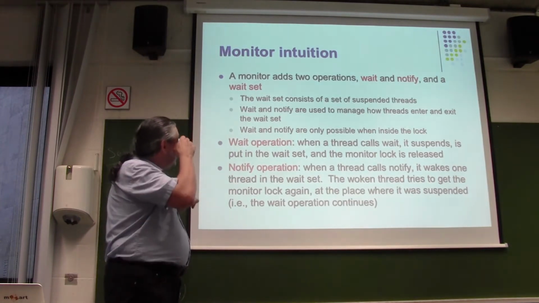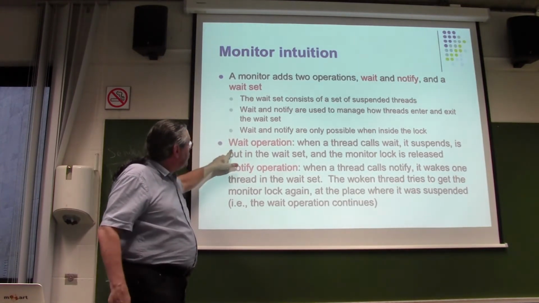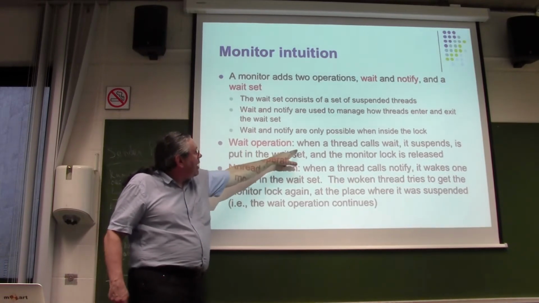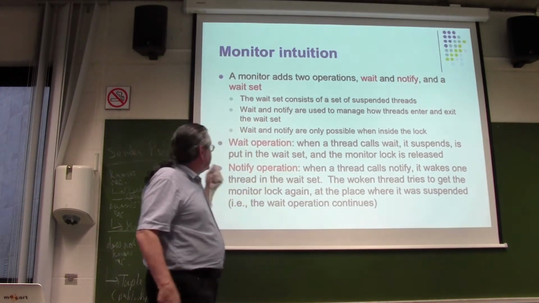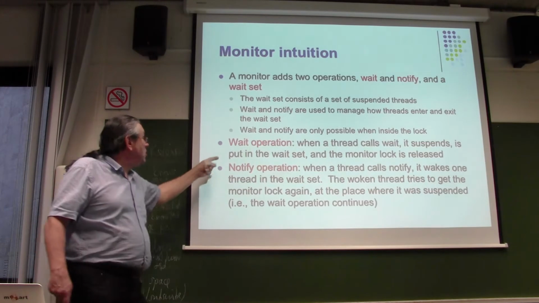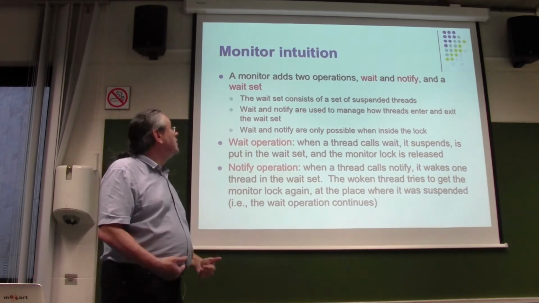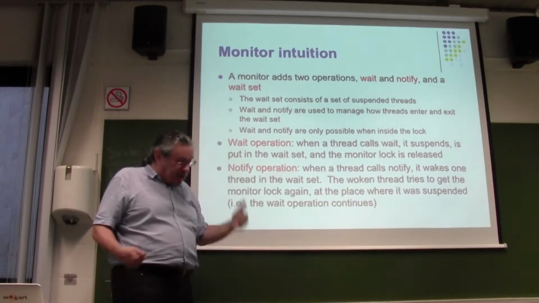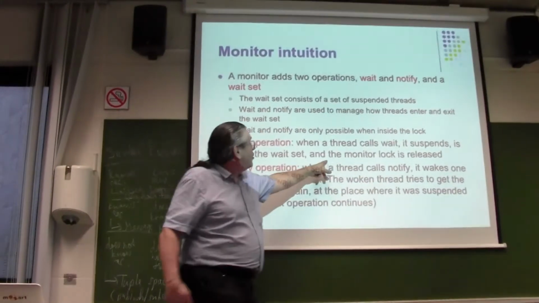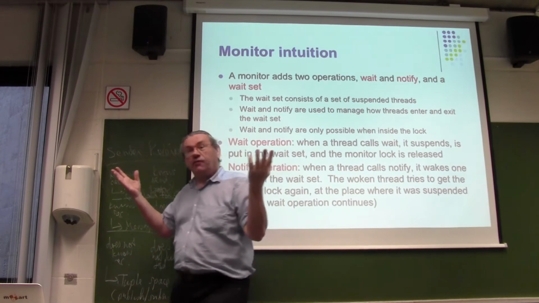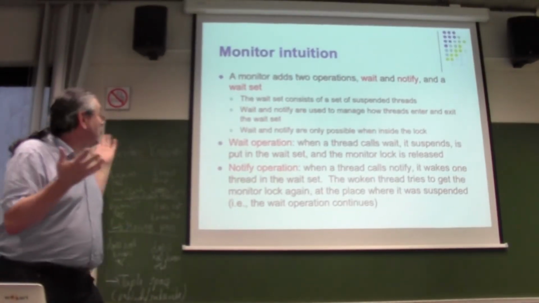The intuition is the following. When a thread calls wait, it is suspended and is put in the wait set. So it forces the thread to wait. And it's put in the wait set, and then you leave the lock. The lock is released, so the lock is available for another thread.